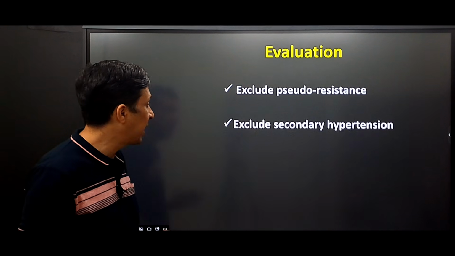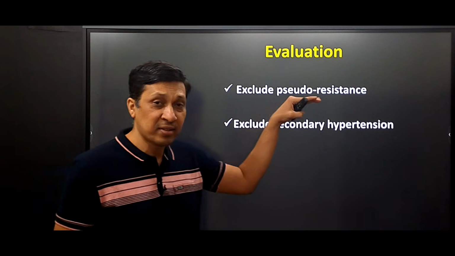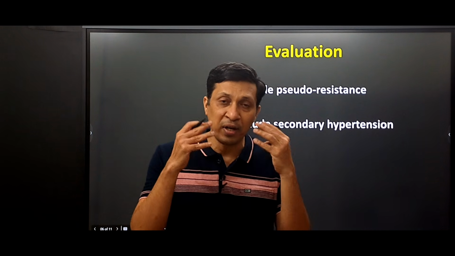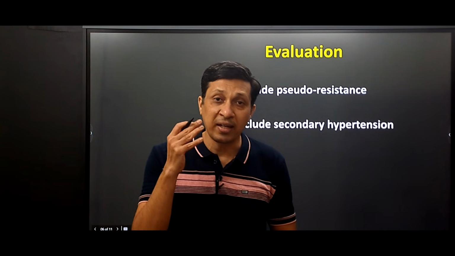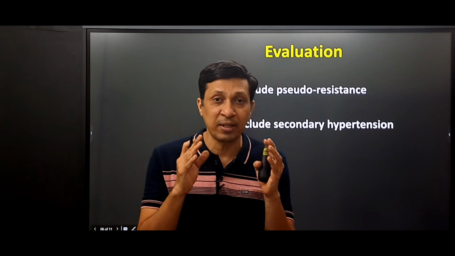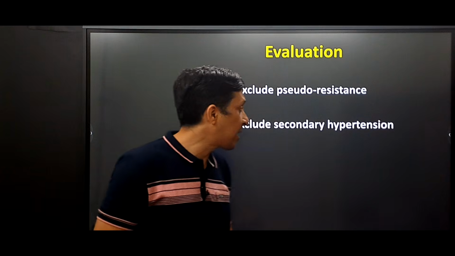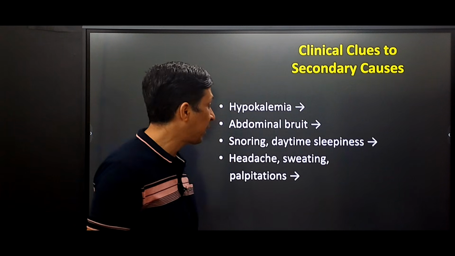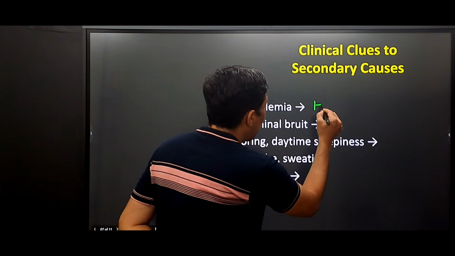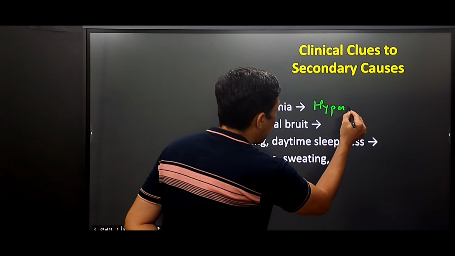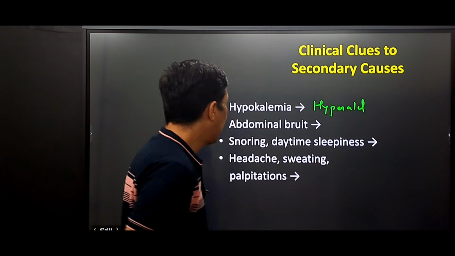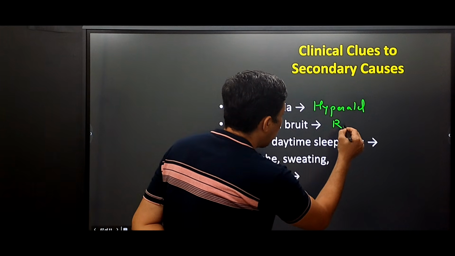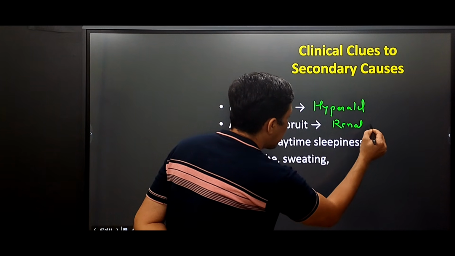Now in the evaluation, the first step is that you have excluded the pseudo-resistance. Then the second step is that you have to exclude secondary hypertension. For this, you have to evaluate the patient for secondary hypertension according to the various symptoms and signs. There are some clues for that. For example, if the patient has hypokalemia, then it can be hyperaldosteronism. If there is an abdominal bruit, then it can be renal artery stenosis.